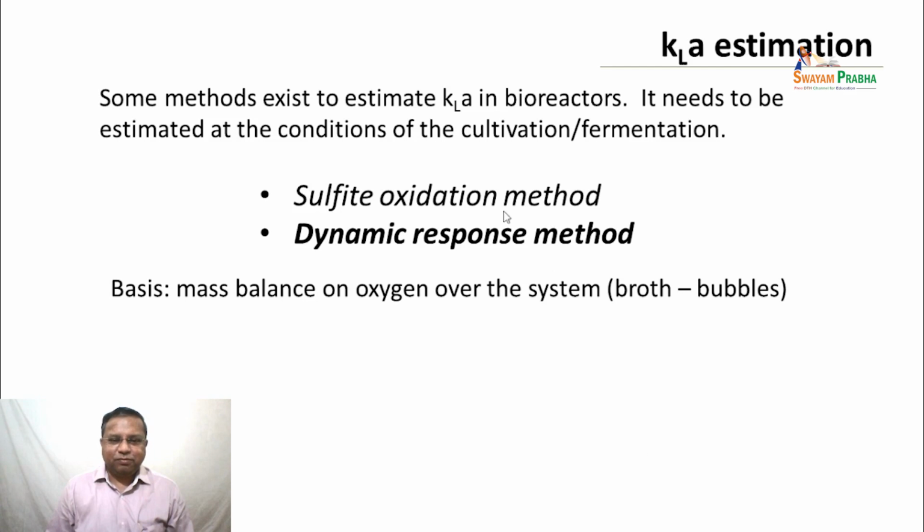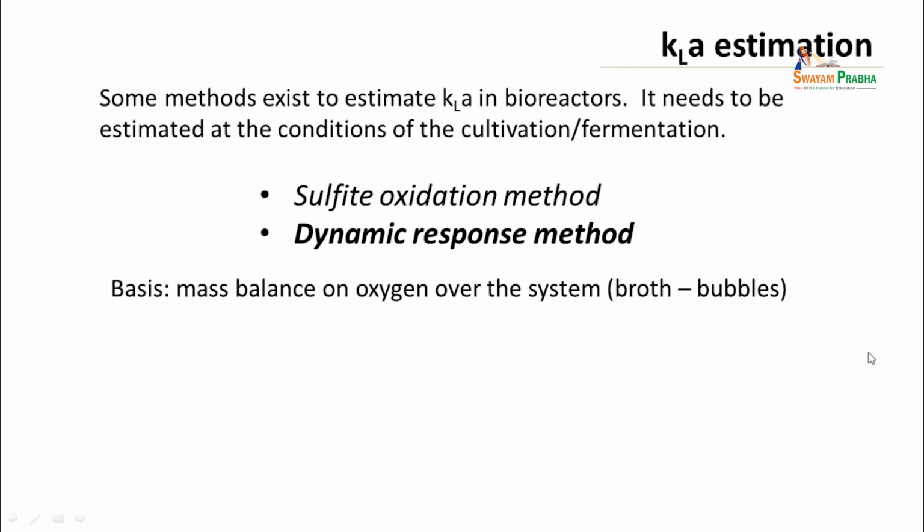For the background to this method, let us again look at the mass balance on oxygen over the system, broth minus bubbles. Ri minus Ro plus Rg minus Rc equals the accumulation rate: input, output, generation, consumption of oxygen.